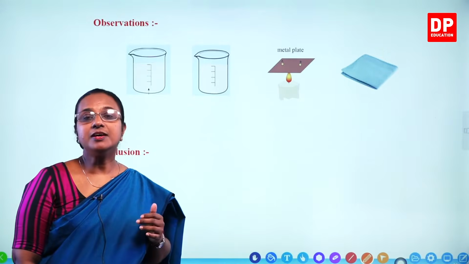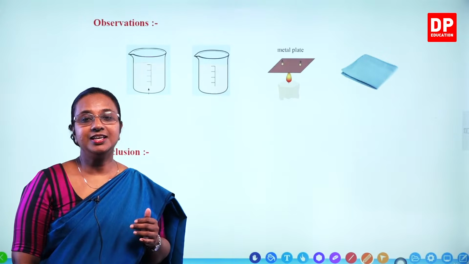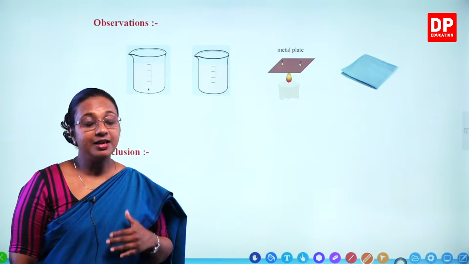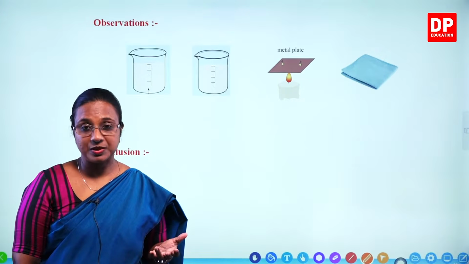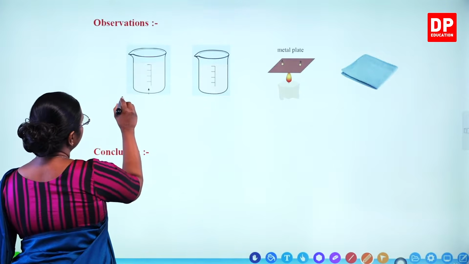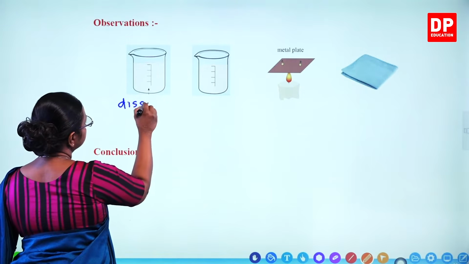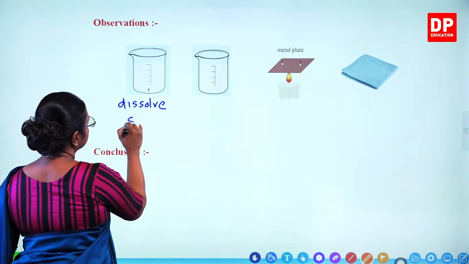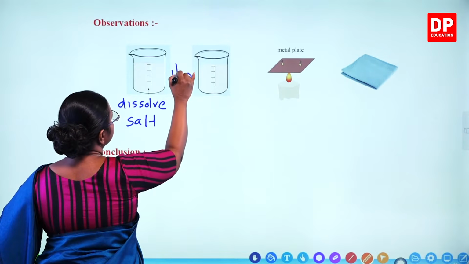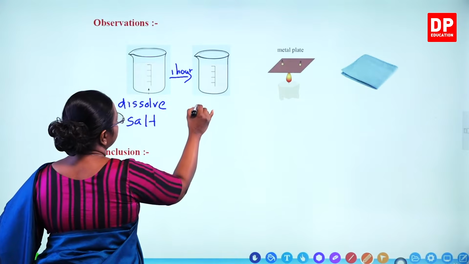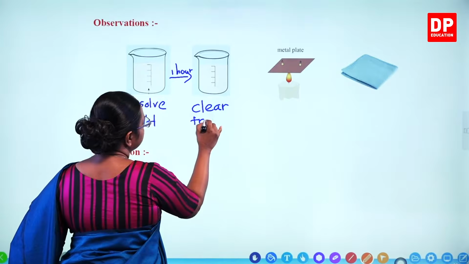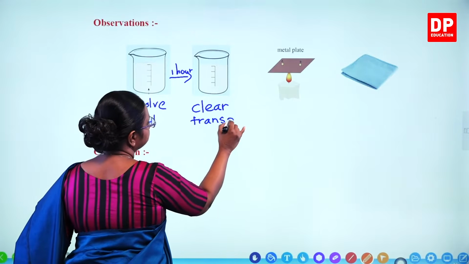So you saw the observations clearly. You saw that the solution was very clear and it was a transparent solution. So once we dissolve salt, and after 1 hour, you still get a clear, transparent solution.